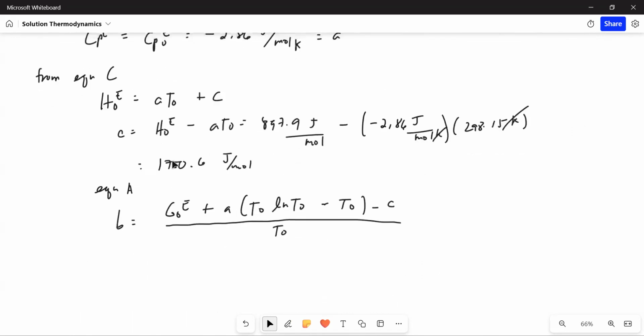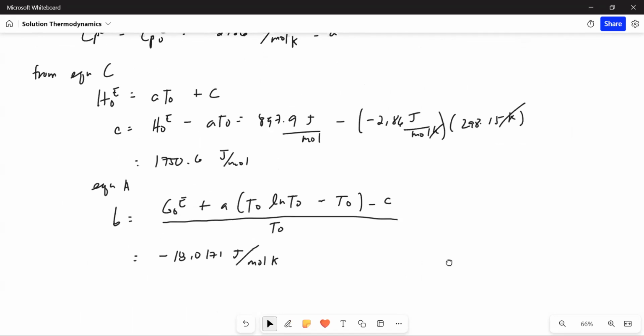C, we have solved earlier. Just substitute everything. After substitution, you will get letter B equal to 18.0171 joules, and you should know the units, joules per mole Kelvin. Please do the intermediate steps on your own.